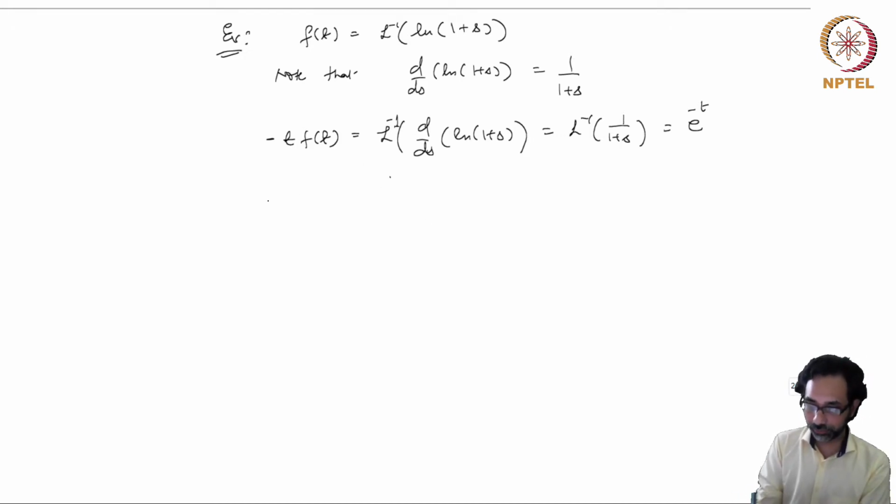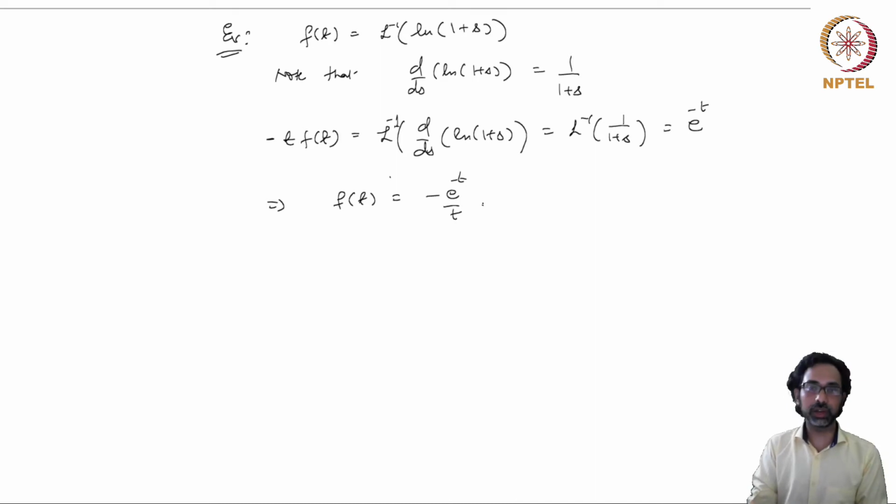So therefore we have f(t) equals minus e to the power minus t over t. So we have used one of the theorems for the properties of Laplace transforms to convert our given function log of 1 plus s to a known function which is 1 over 1 plus s, and then we can look it up in a table, or we can simply compute it by hand to get our answer.